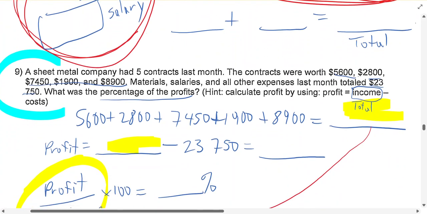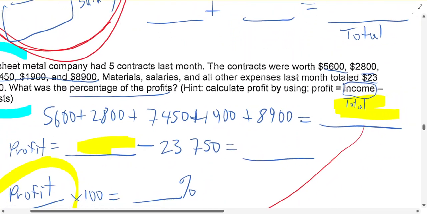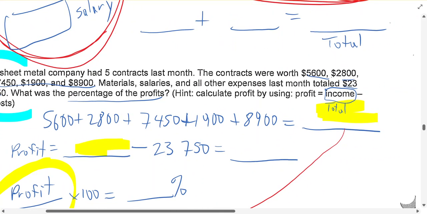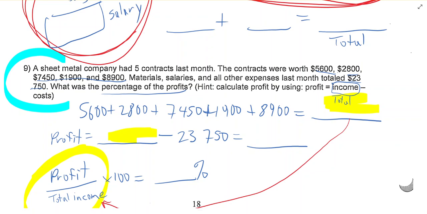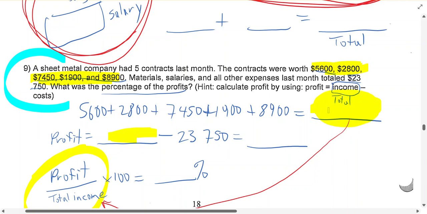Number 9 is a contract one. You have to figure out your total expenses. The expenses were listed. Where were they? Okay, so what you're doing, you have these contracts. You have to add them up and find a total, and we're going to use that later.